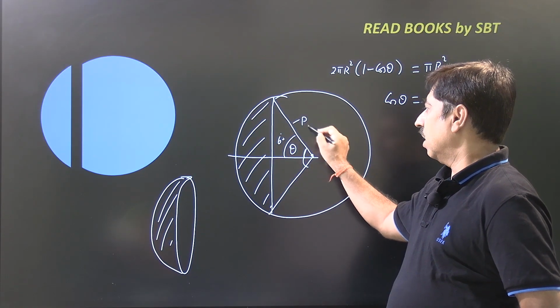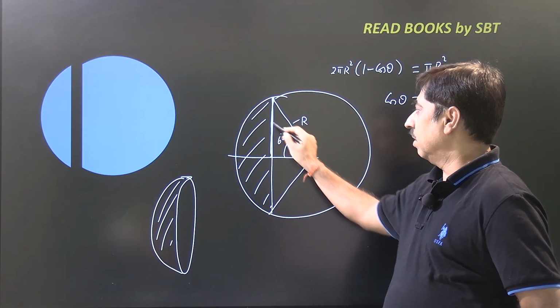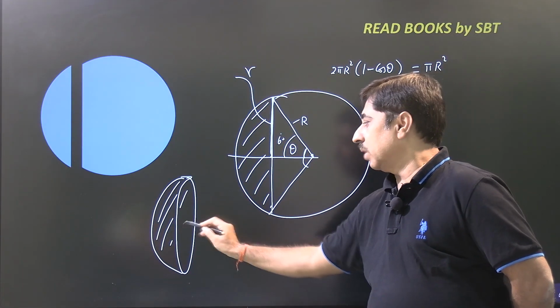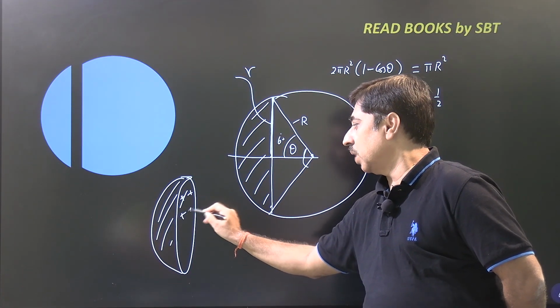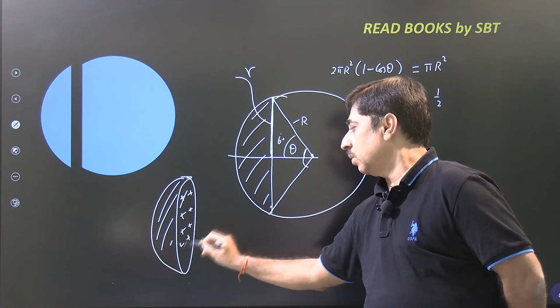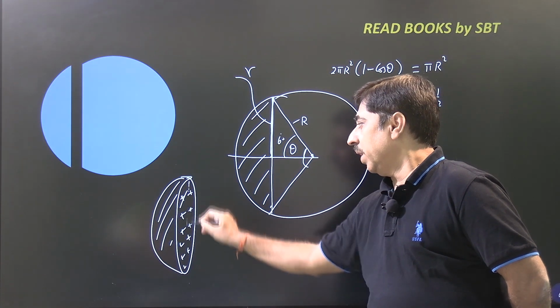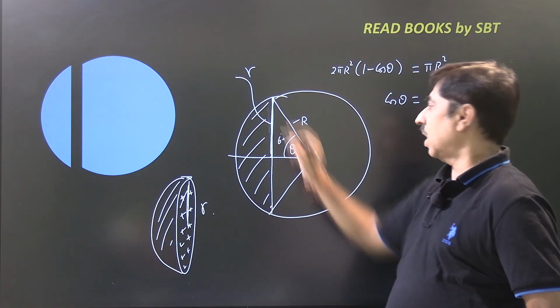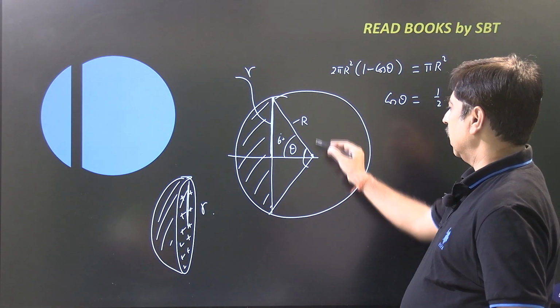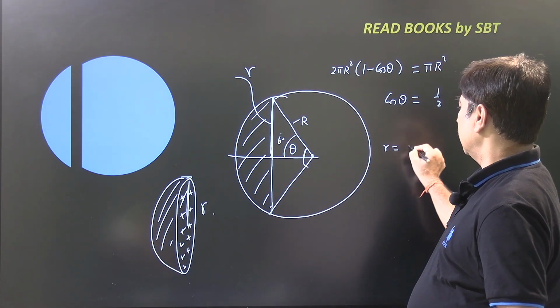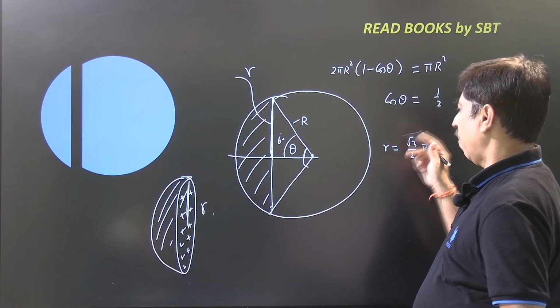So, if this is r, the radius of the circular face on which you are having that small q charge, this is how charge is placed over here, small q charge. So, the radius of this thing, this r, is basically r sin 60 degrees, which means root 3 by 2 r.